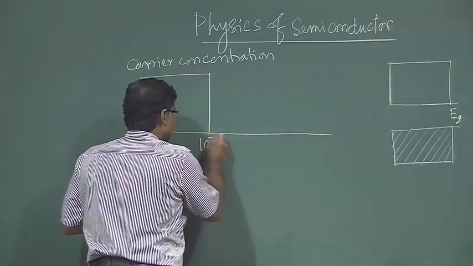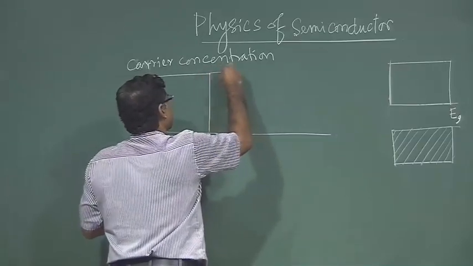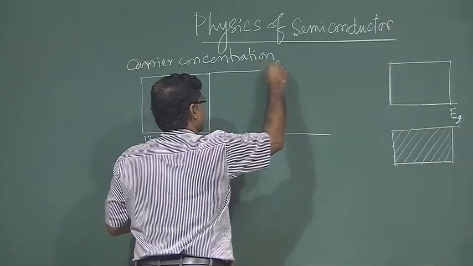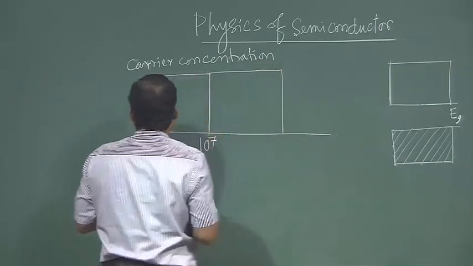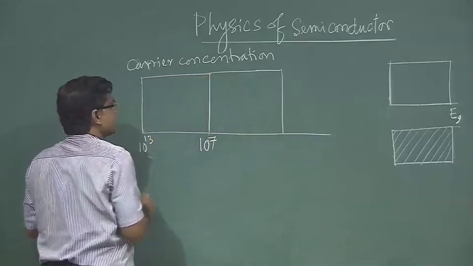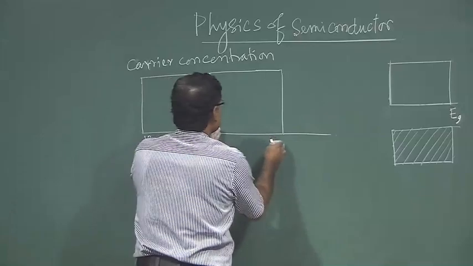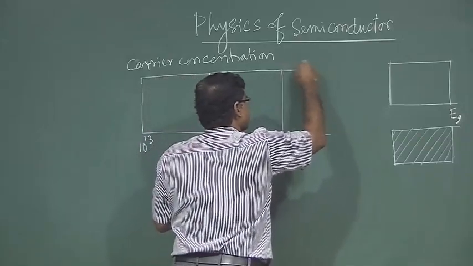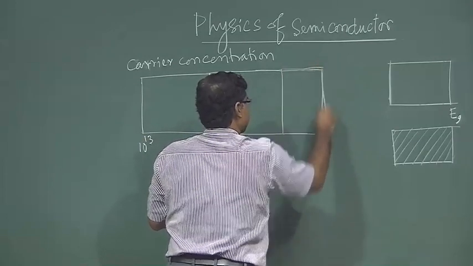It is not exact, but this is the range. In this range, this is the semiconductor. In this range, this is the semimetal, and in this case, it's the metal.